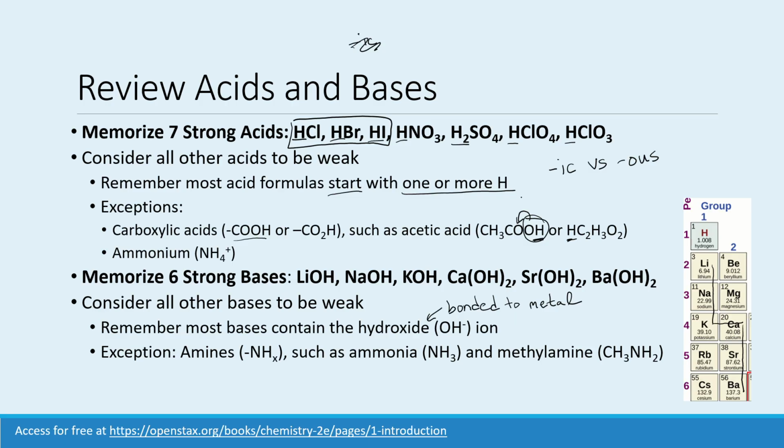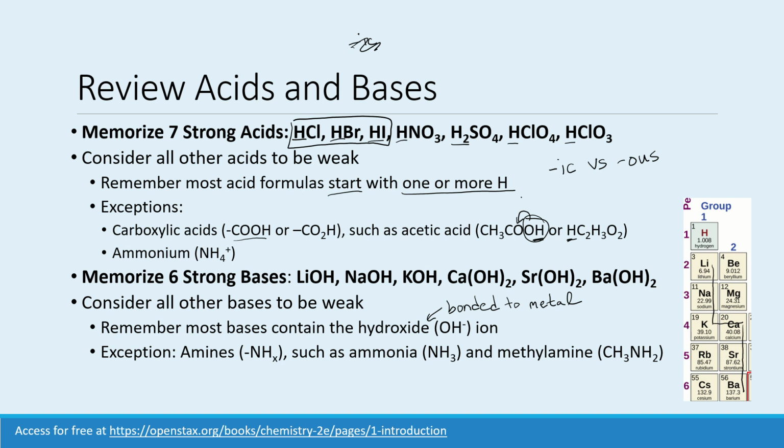And then some other exceptions to the rule that are weak bases are your amine groups. Again, these are your organic compounds. Ammonia is the most common. You've got methylamine, which is CH3NH2. And basically you could increase the number of carbons attached to that nitrogen.